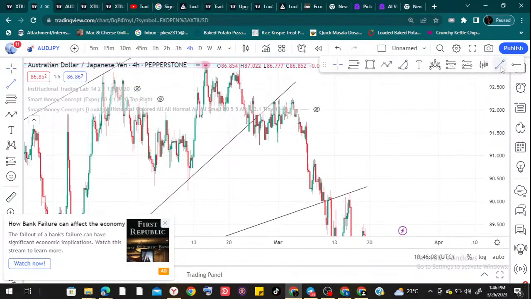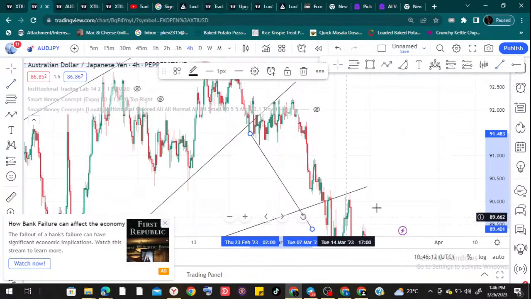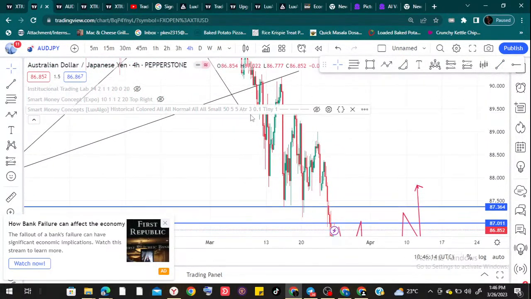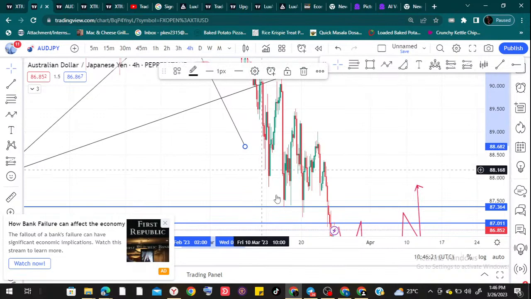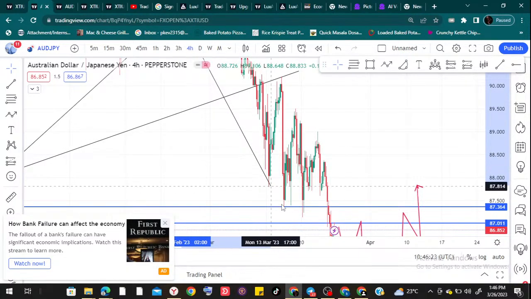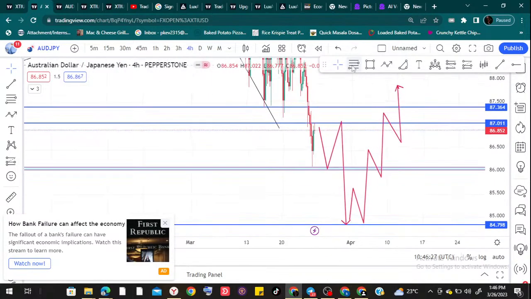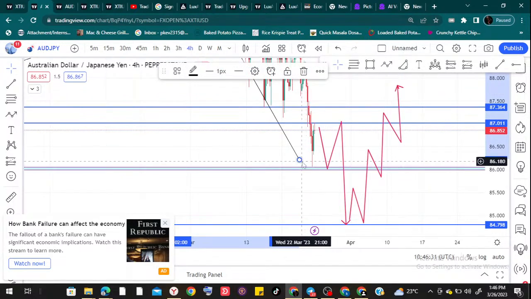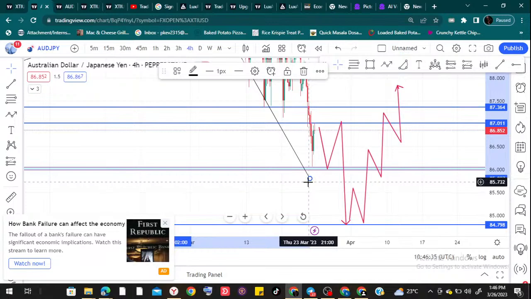You can easily draw that by taking your trend lines, just doing this. Let me just push this. You can just draw your trend lines this way, and you notice that it's been on a downward trend to this zone.